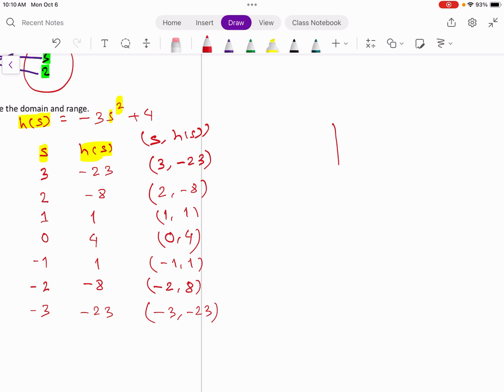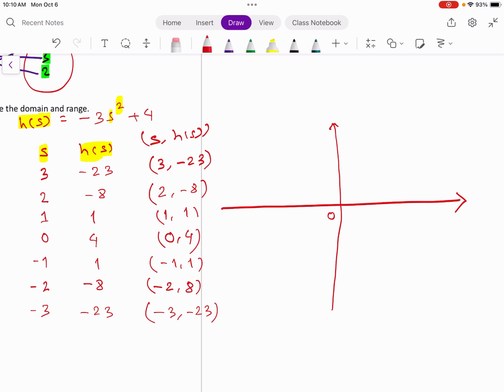Now in this case, what do we call our horizontal axis and what do we call our vertical axis? In general, our horizontal axis is the x-axis, right? Our vertical axis is the y-axis. Now in this case, what is our horizontal axis? It's input.